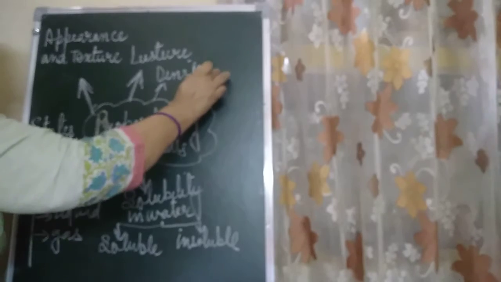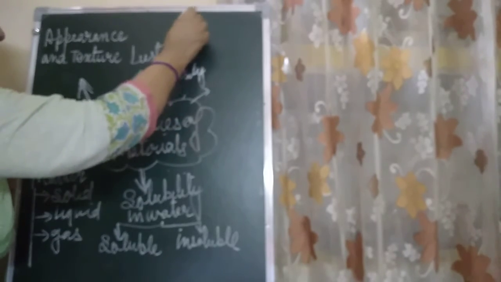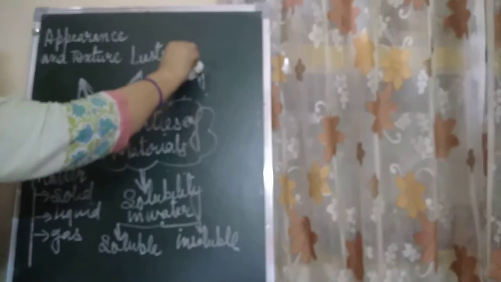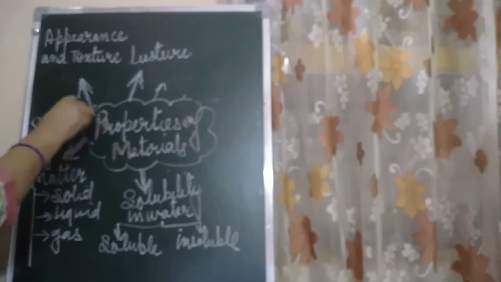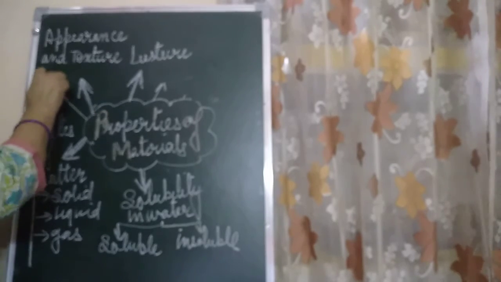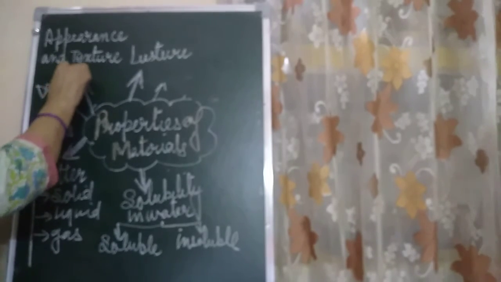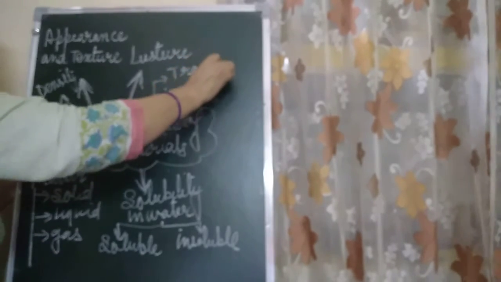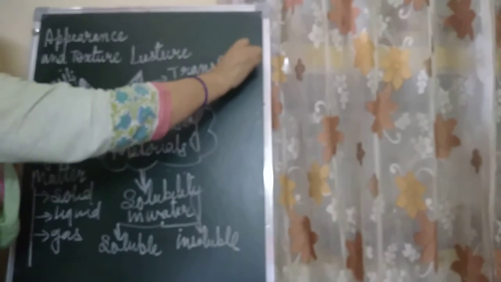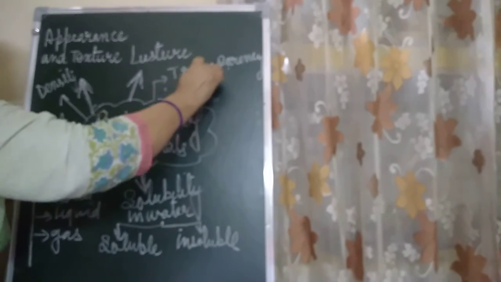Now I am going to write this one, children, transparency. Now this one is also classified into three, children.